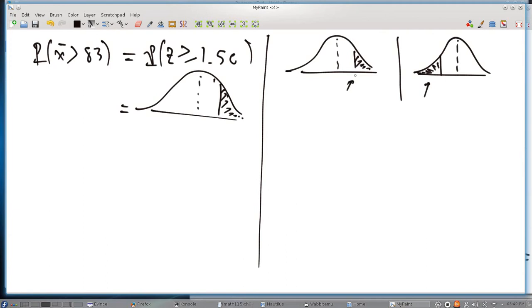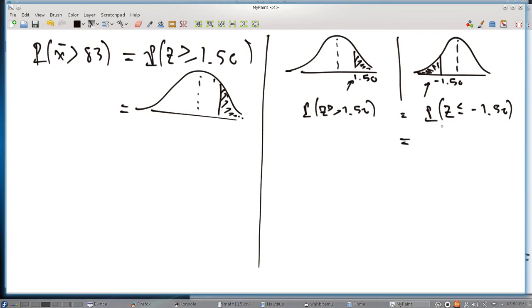What that means is that the region that starts to the right of z equals 1.5 now becomes the region that goes to the left of negative 1.50. So the probability of z greater than or equal to 1.5 now becomes the probability of z less than or equal to negative 1.50. This is what the symmetry argument gives us.